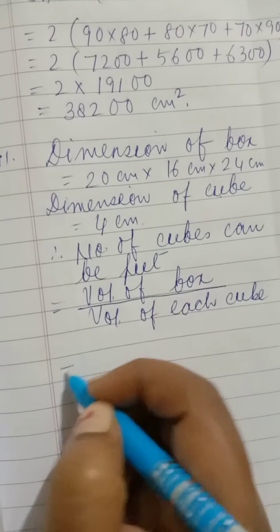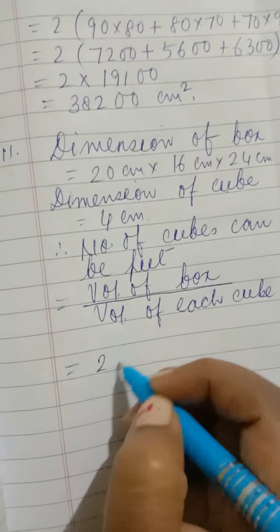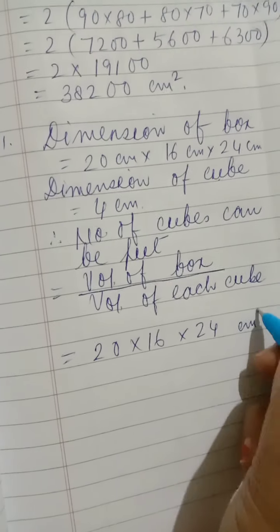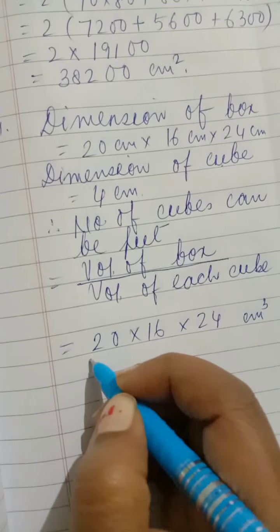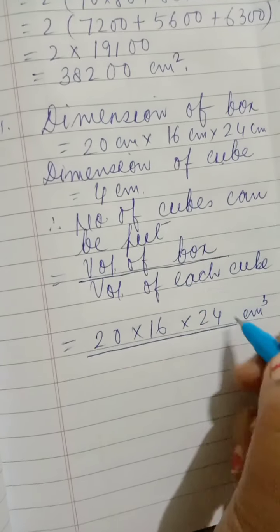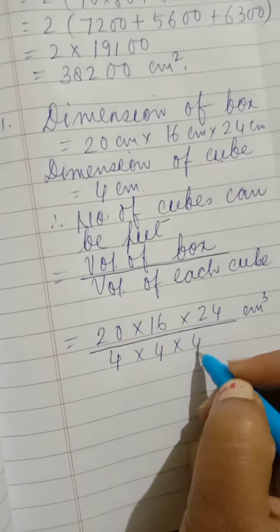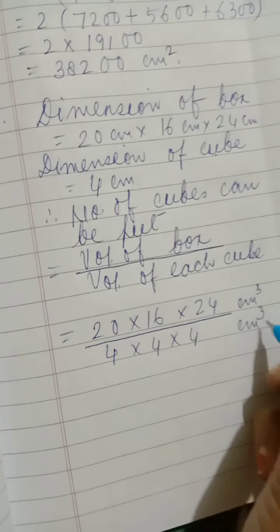So for the volume of the box we write 20 into 16 into 24 centimeter cube, and since it's a cube, the volume of each cube will be 4 into 4 into 4, also centimeter cube.